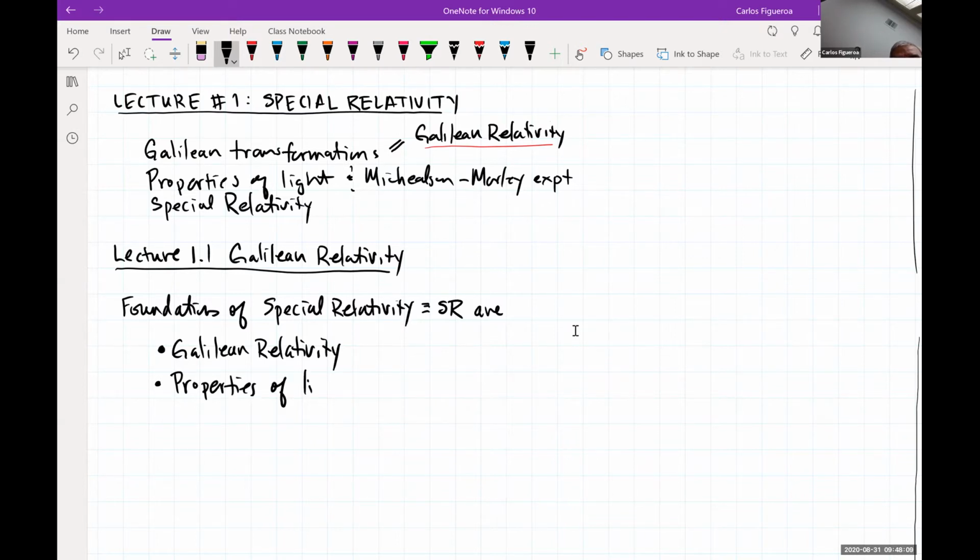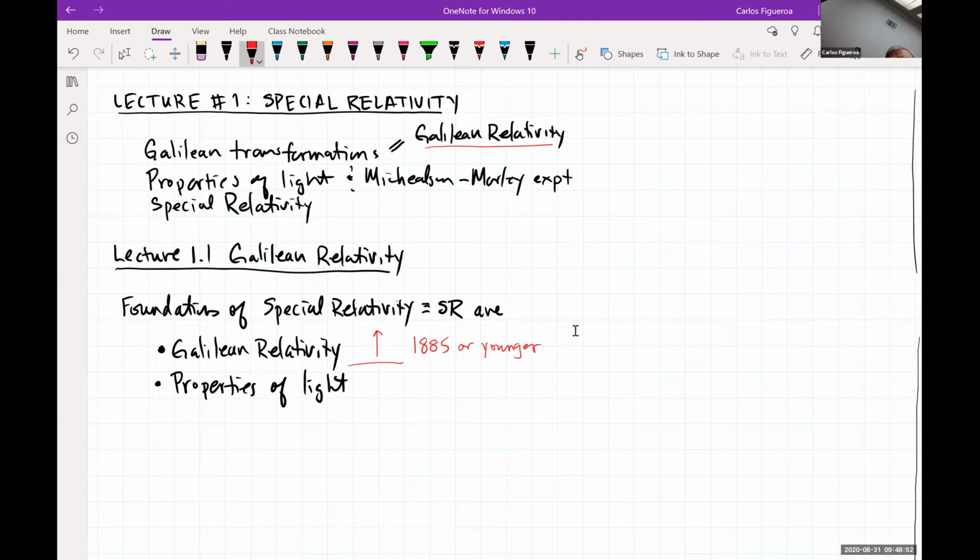The reason why light is important here is because when you look at the history of special relativity, essentially everything above with Galilean relativity was due to classical physics. That's essentially physics before 1885.